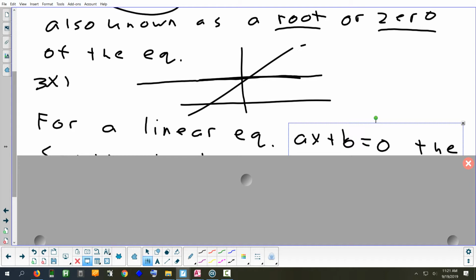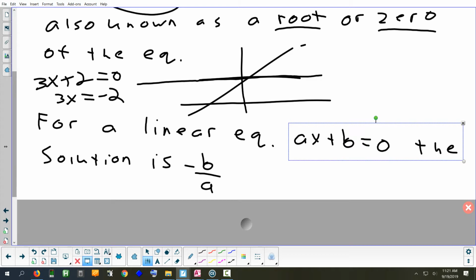So if you had 3x plus 2 equals 0, and you subtract 2, you wouldn't divide by x now to get x by itself. You divide by the number in front. So minus the b, divide by the a. That's pretty much how you solve any linear equation if it's in slope-intercept form.